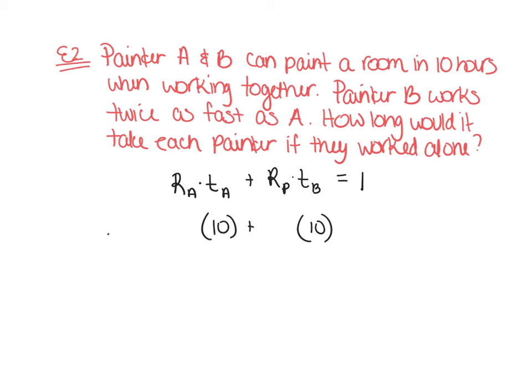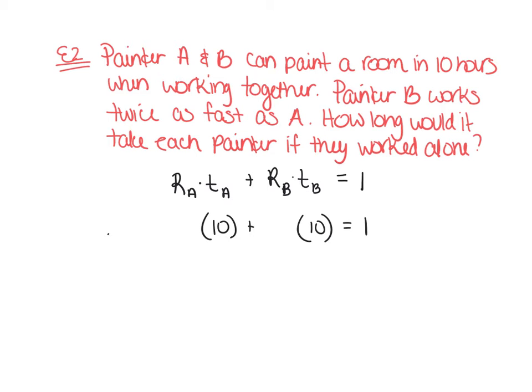And now what we have to figure out is, what are their rates? Okay, so we know that painter B works twice as fast as A. So if they did it separately, painter A is going to take twice as long, right?